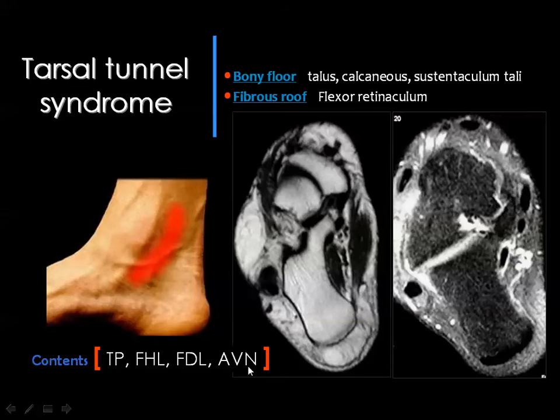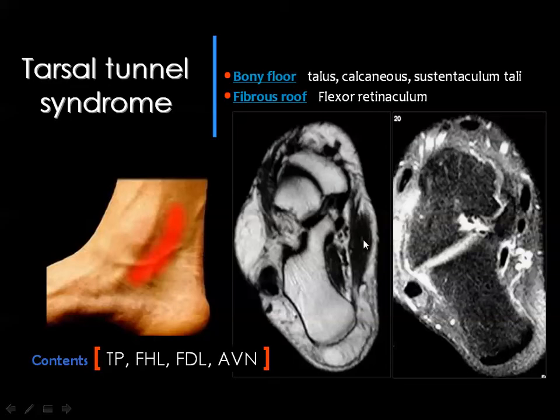neurovascular bundle. It is covered superficially by the flexor retinaculum and one muscle which is known as the abductor hallucis muscle, or in abbreviation ABH. The small muscle located in the floor of the tarsal tunnel is known as quadratus plantae.